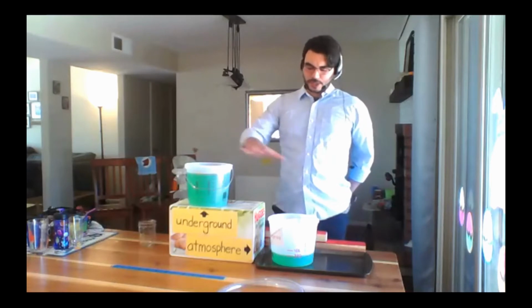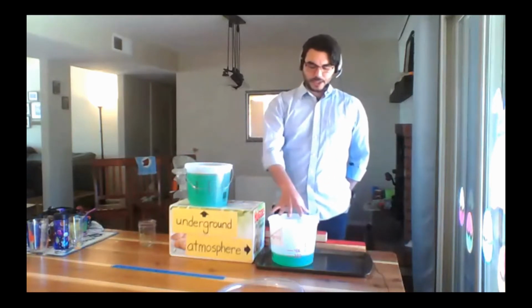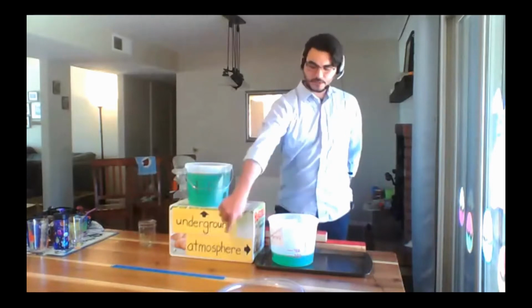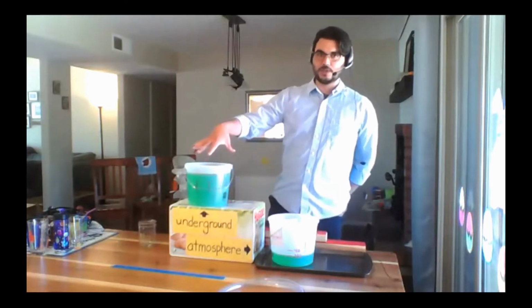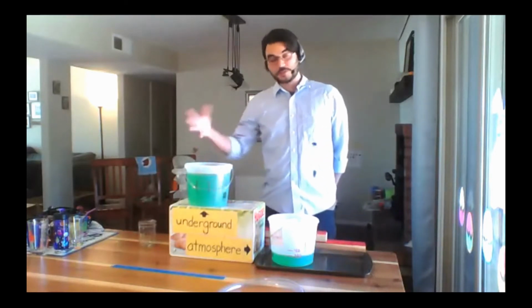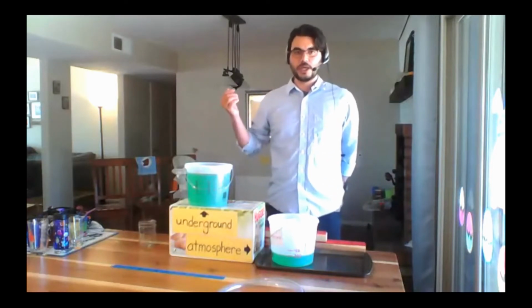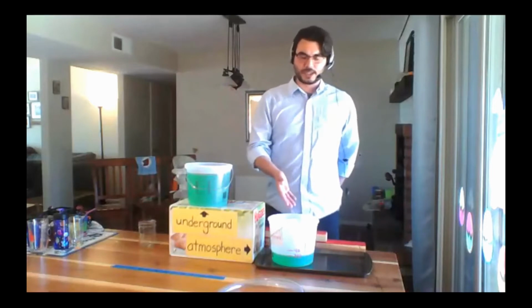So I have a couple of buckets here. This bucket is meant to represent greenhouse gases in our atmosphere, and this bucket is meant to represent carbon that's stored underground, and when we pull it out and burn it, it becomes greenhouse gases in the atmosphere.